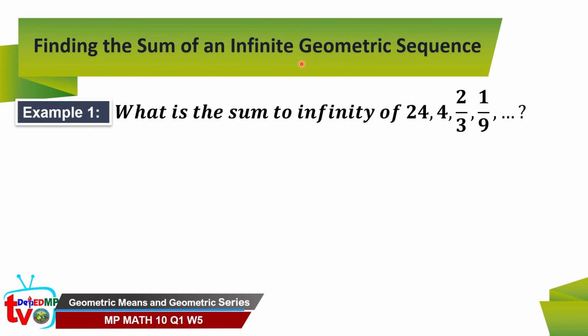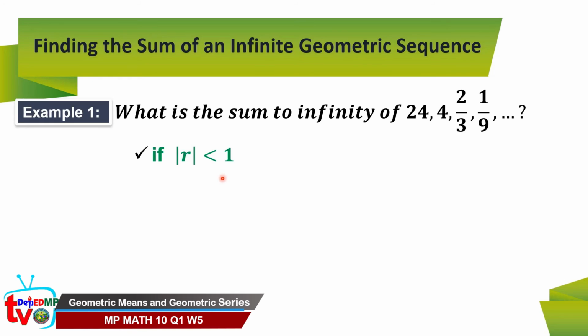So how do we get the sum of a continuous sequence? First is to check if the given sequence has a sum or if there is none. How are we going to do it? Check if the absolute value of r is less than 1. This is the given condition in the formula, so we will be able to use it.